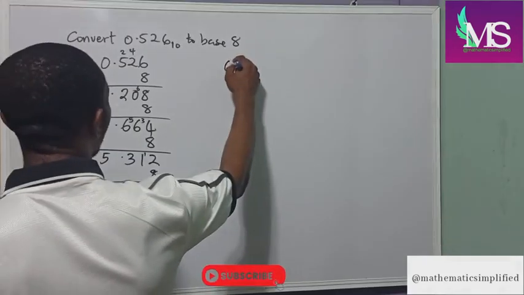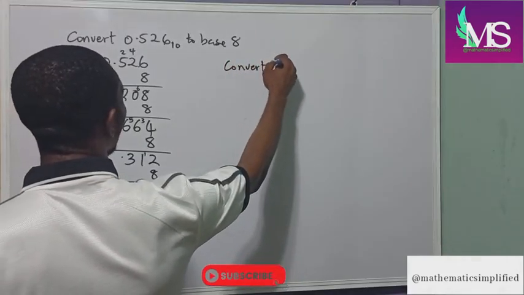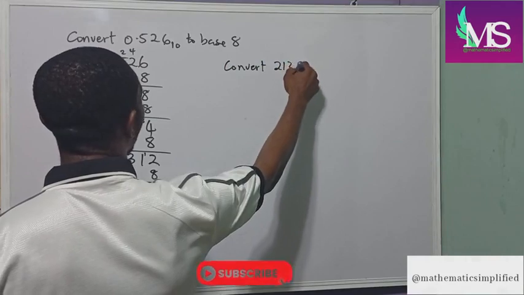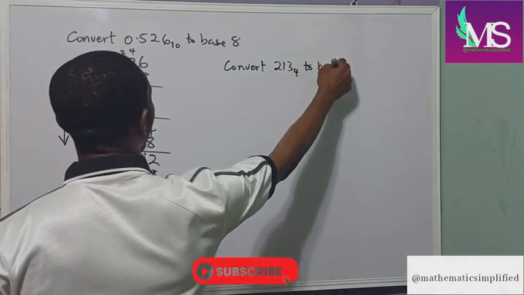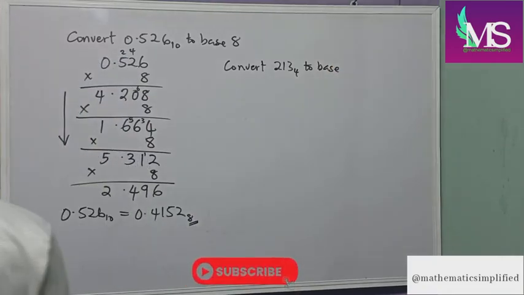Alright, next we are going to look at how to convert from one base to another base which isn't base 10. For example, we have convert 213 base 4 to base 2.